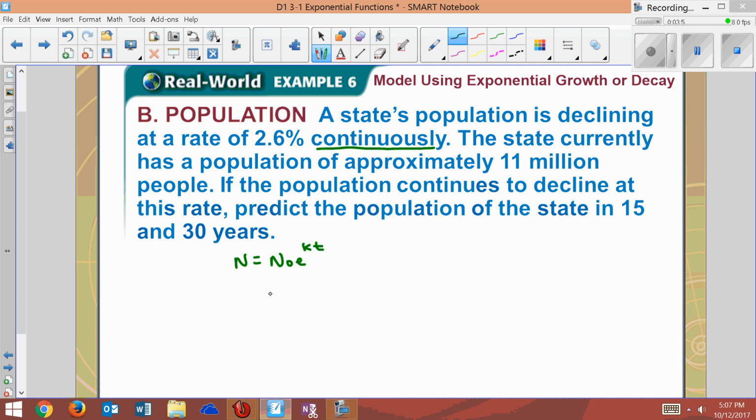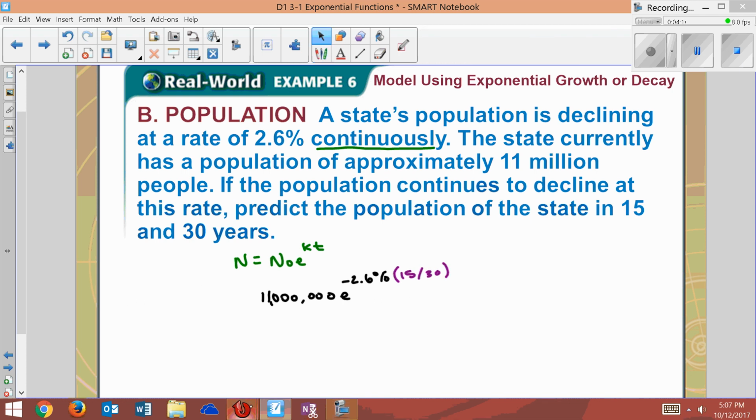So I put in again, we're going to have 11 million times e, and my rate is negative 2.6%, and it's going to multiply by 15 and then another time by 30. So let's go to the calculator over here.